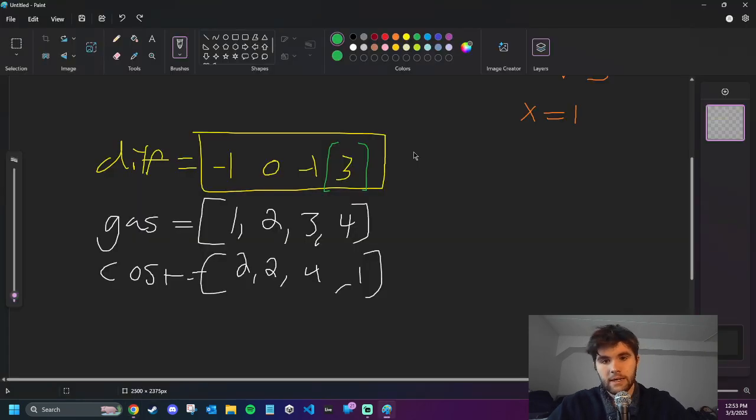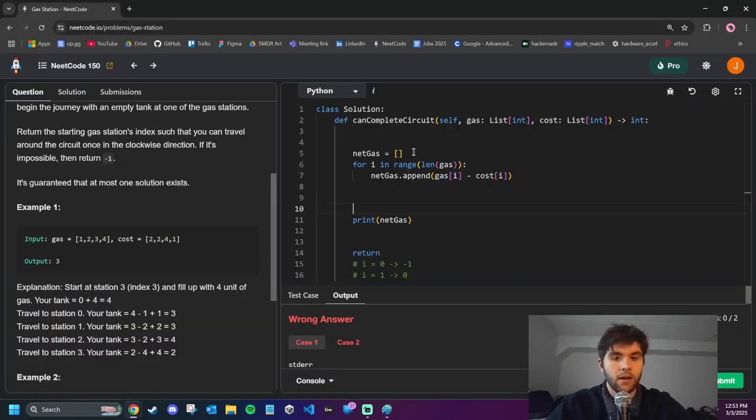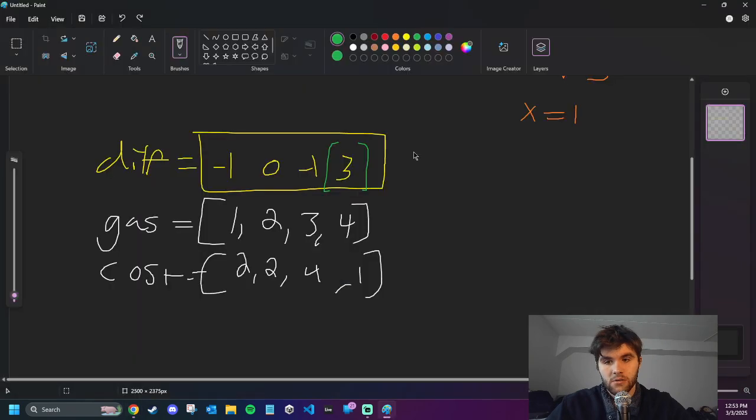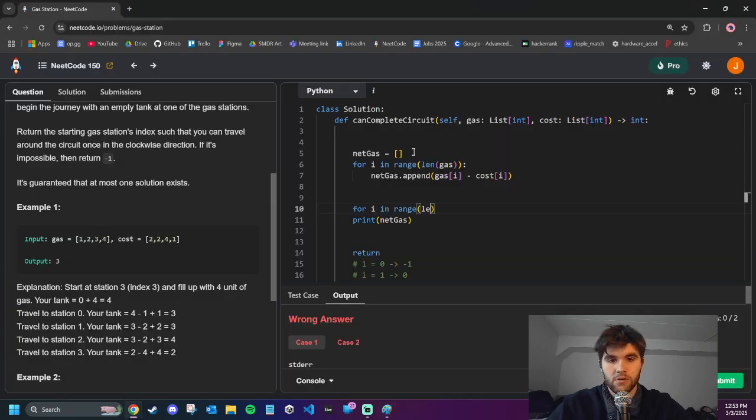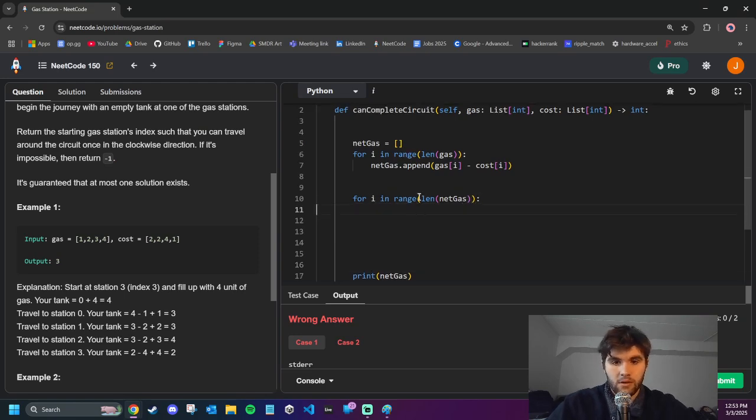Okay, so net gas is how much gas we gain at that position. Okay, so what we're going to say is we're going to iterate through, so I'll say for I in range length of net gas. So this is sort of like the max, so find subarray with max sum.